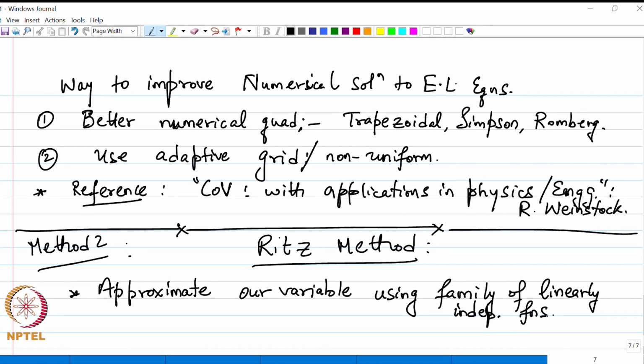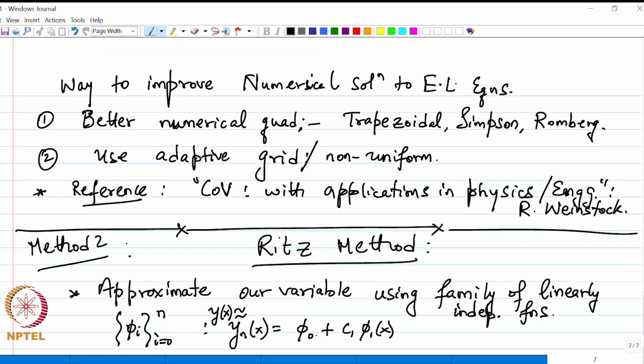Let us say our family is phi i from 0 to n. So, I am going to approximate y, the unknown of the problem, by yn of x, which is a linear combination of the phi i's: C1 phi 1 of x, this is also a function of x, and so on, plus Cn phi n of x.